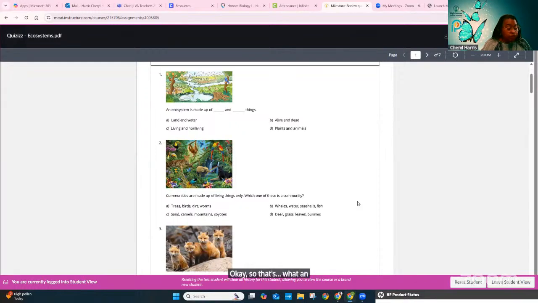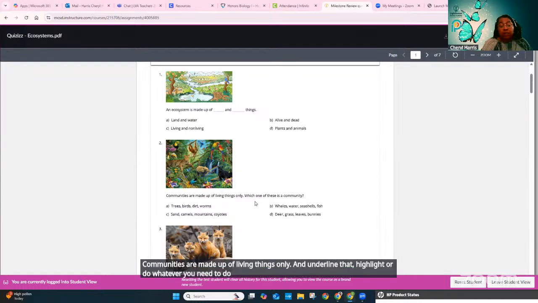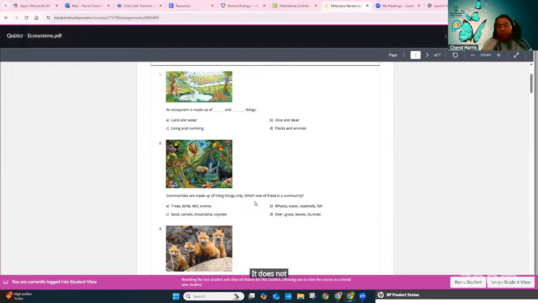All right, question 2. Communities are made up of living things only, and underline that, highlight or do whatever you need to do to stress only. In other words, by definition, it does not include the water, the sun, the earth, that kind of stuff. All right, so which one of these is a community?